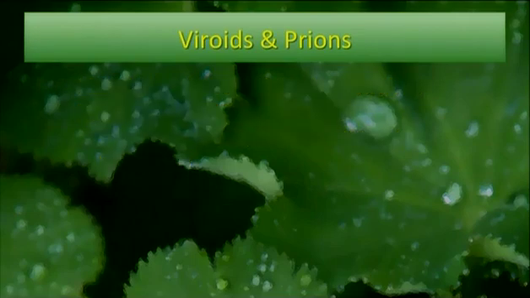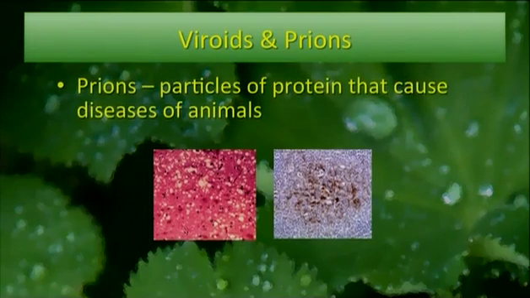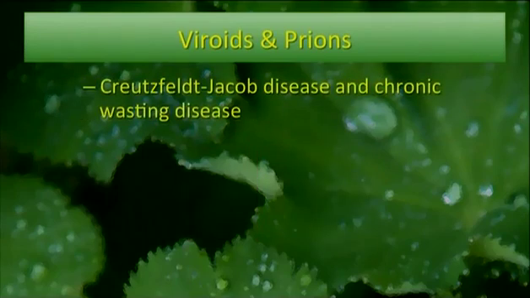Now, remember, viroids cause plant diseases, and prions are agents that cause diseases of animals. They're particles of proteins that cause diseases of animals. We've heard of mad cow disease and scrapie. Also, Creutzfeldt-Jakob disease and chronic wasting disease are caused by these prions.